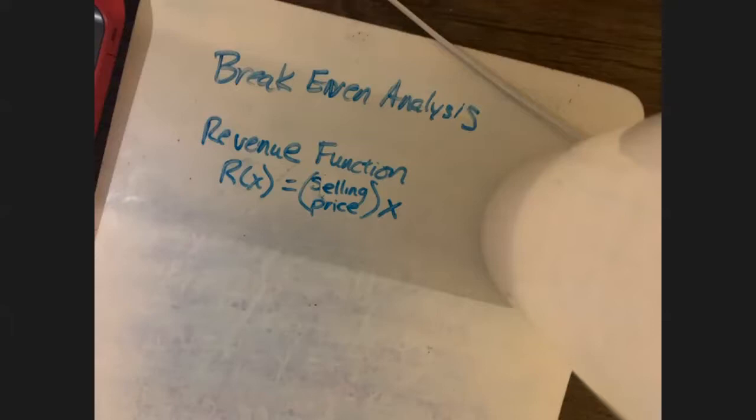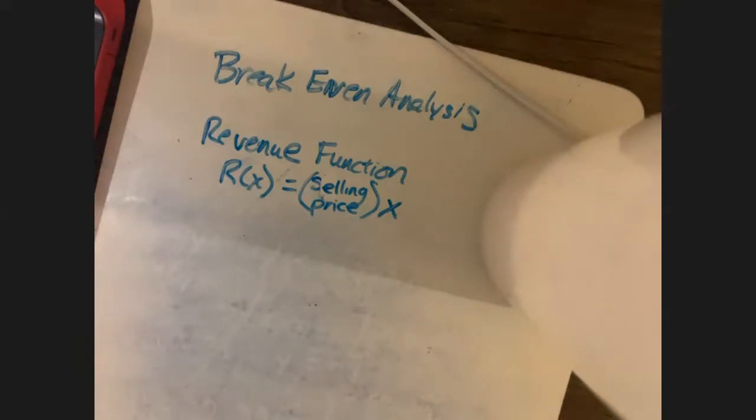The idea is this is telling me how much money I'm bringing in. So if I'm selling something for $200, my revenue function is 200X. Where if they tell me I sold 15, I know 15 times 200, that gives me my revenue.